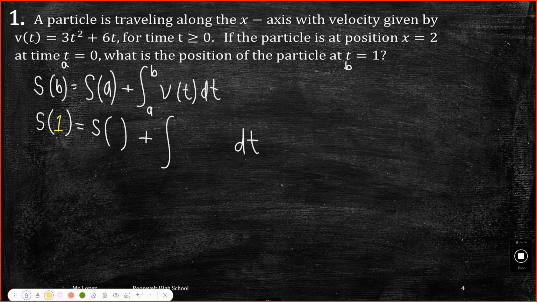S of A is what? S of 0. And then this A is what? 1. And then V of t is what? I guess we could put parentheses on that.